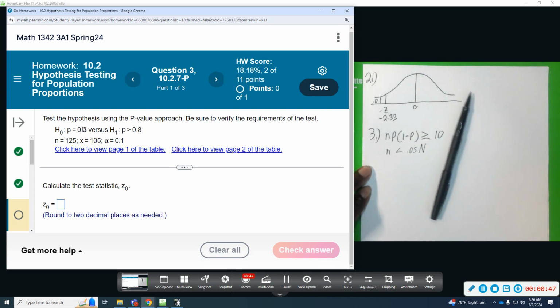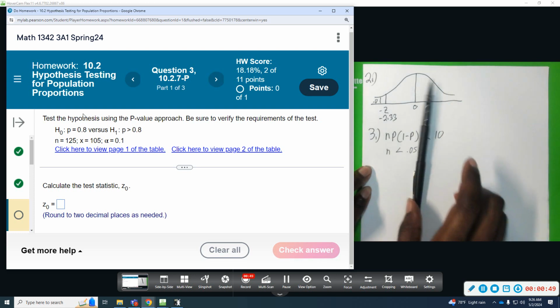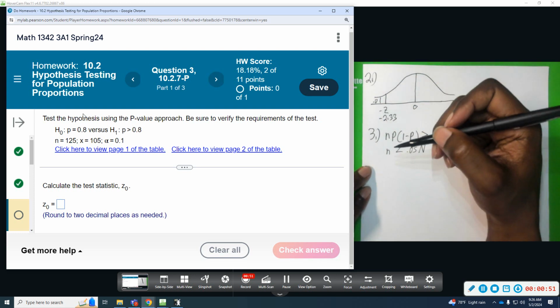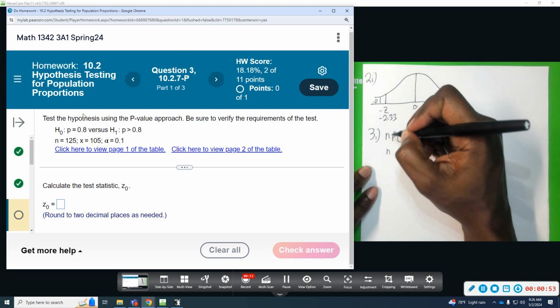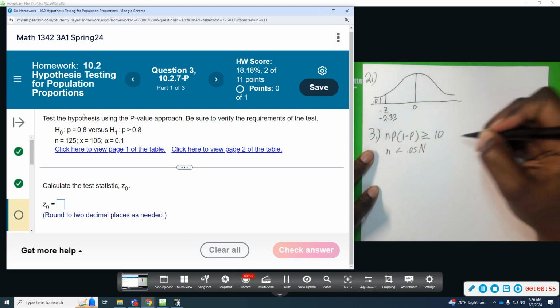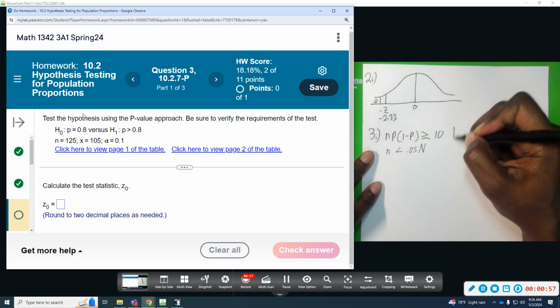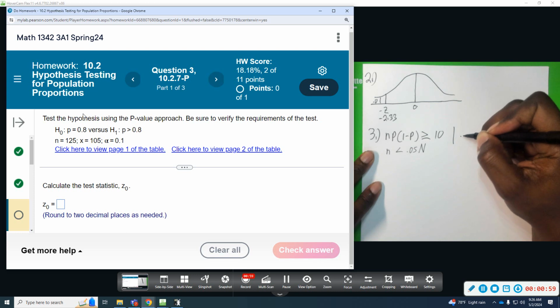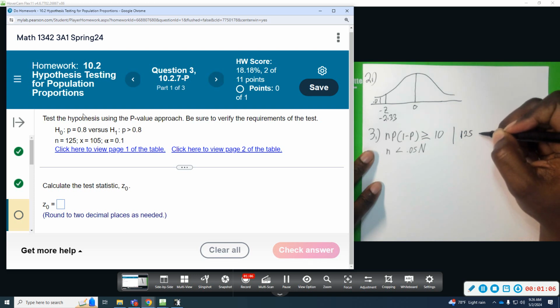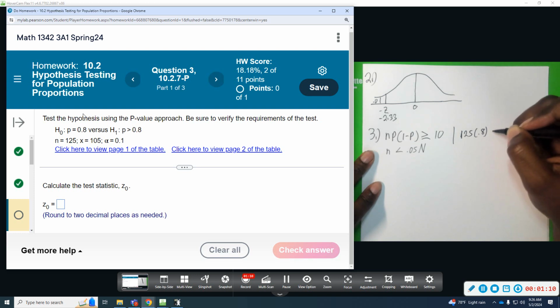So we are given that p is 0.8, and the sample size, let me do n first. n is 125 times p, which would be 0.8, times 1 minus p, so 1 minus 0.8 would be 0.2.